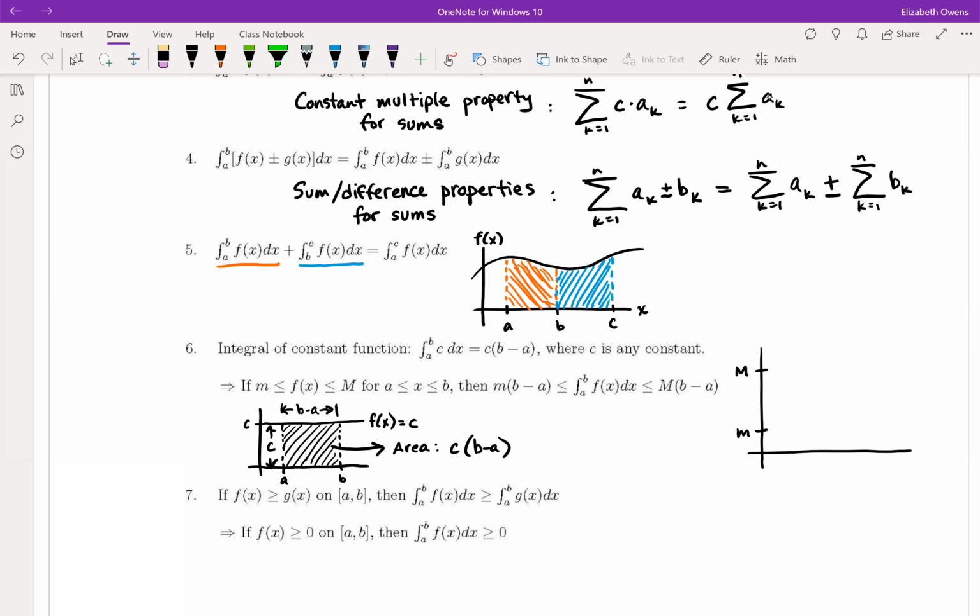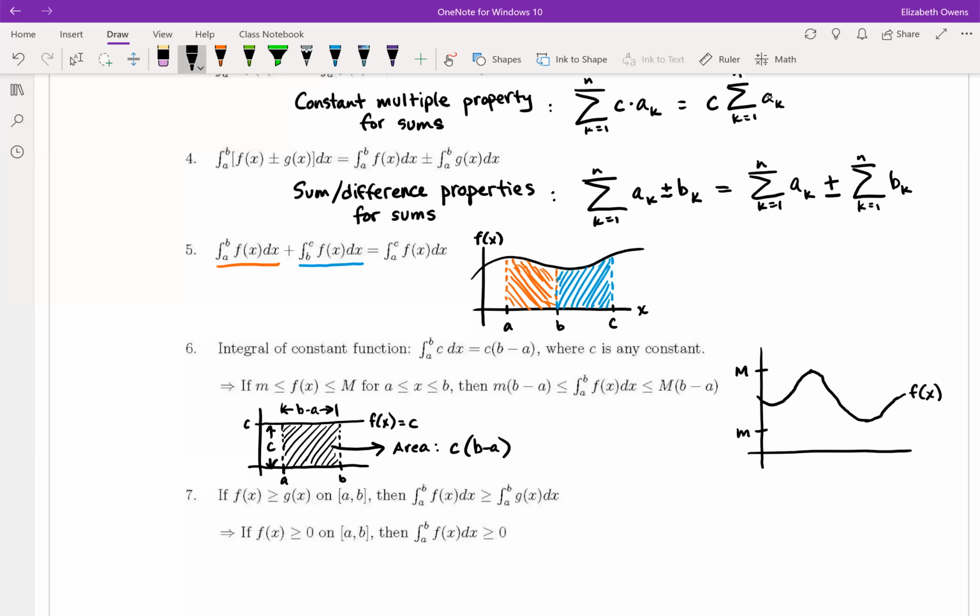Okay, so f of x, maybe it starts somewhere in the middle here and then maybe equals uppercase M at some point. Maybe it goes down and equals little m at some point. It doesn't have to, but it's either between those two values or it could equal either one. All right, so this is f of x.